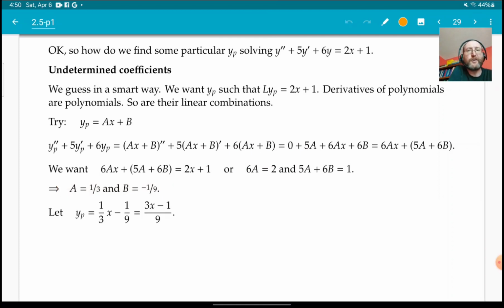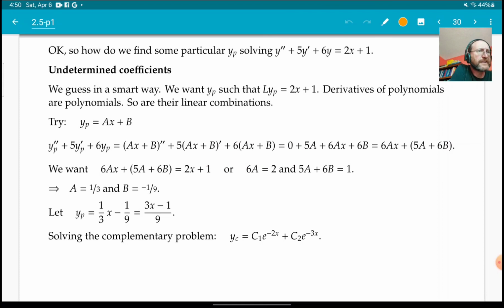If we plug these into our trial solution, our ansatz, we get this particular solution. We can simplify a little bit and get it to be 3x minus 1 over 9. If we have 1/3 and minus 1/9, those are a and b. So that's our particular solution.